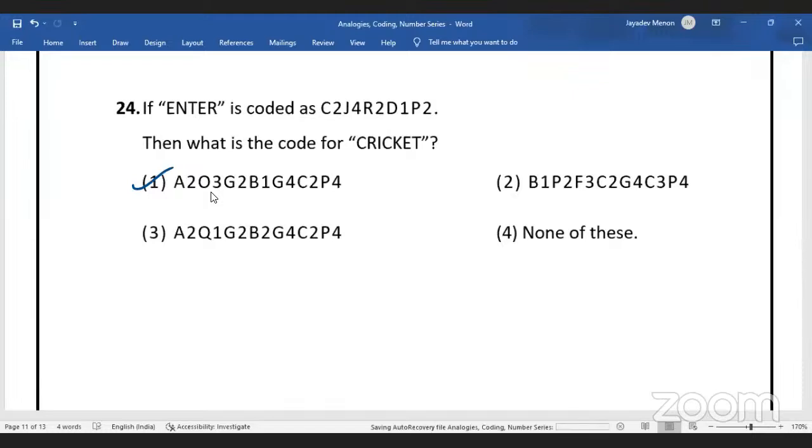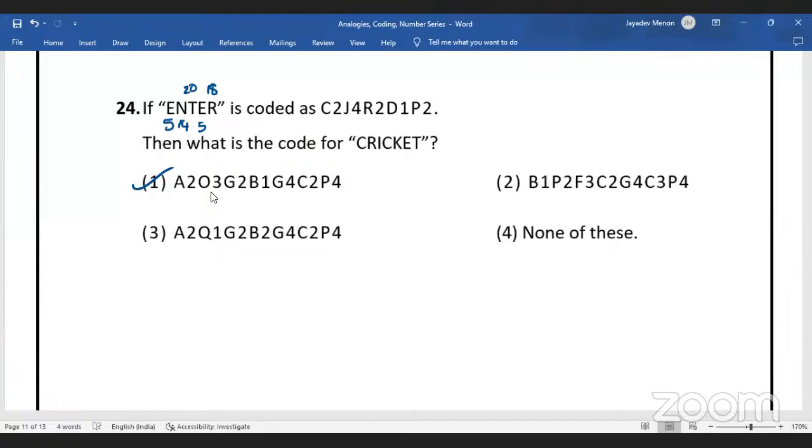If enter is coded as C2J4R2D1P2, then what is the code for cricket? If you are looking at the word enter, the alphabetical position of E is 5, N is 14, T is 20, E is 5, R is 18.